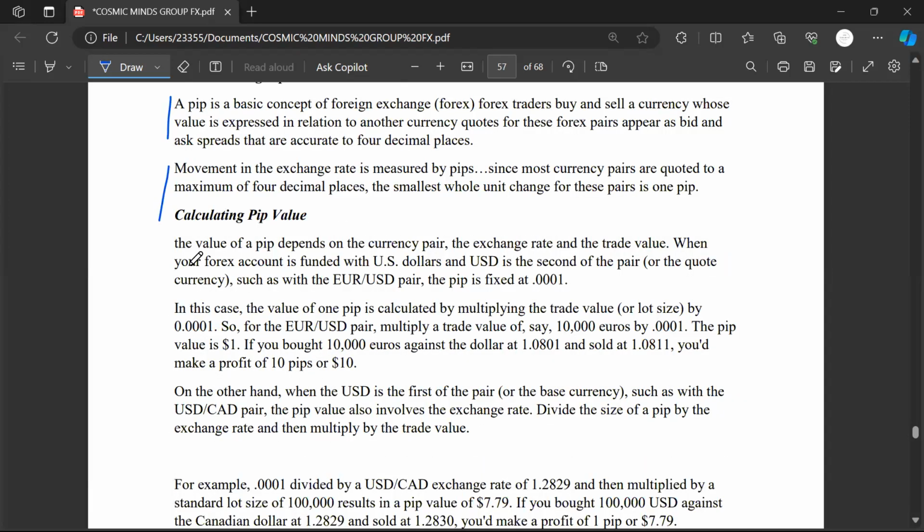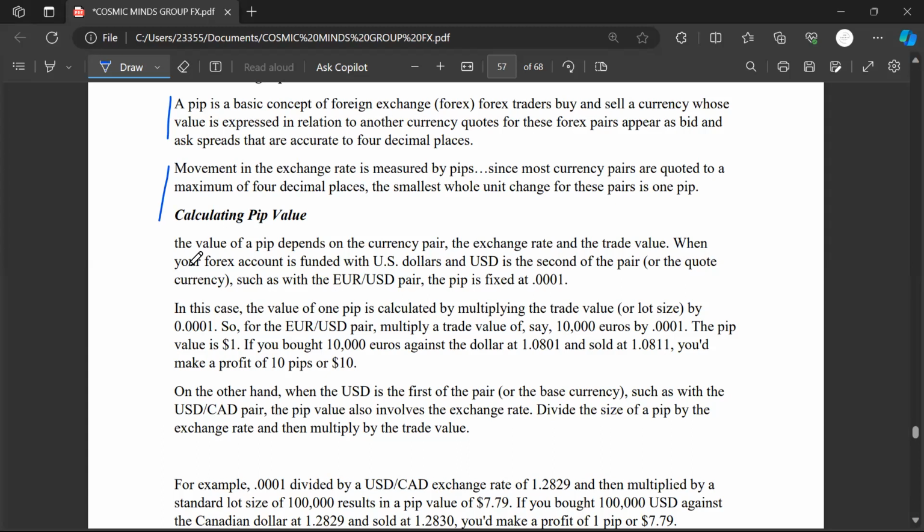Now, let's look at pip value. What is pip value? In the layman's perspective, pip value is just how much it costs for a pip. If a currency pair moves a distance, a distance that we call a pip, how much is that move? That is what we call pip value.